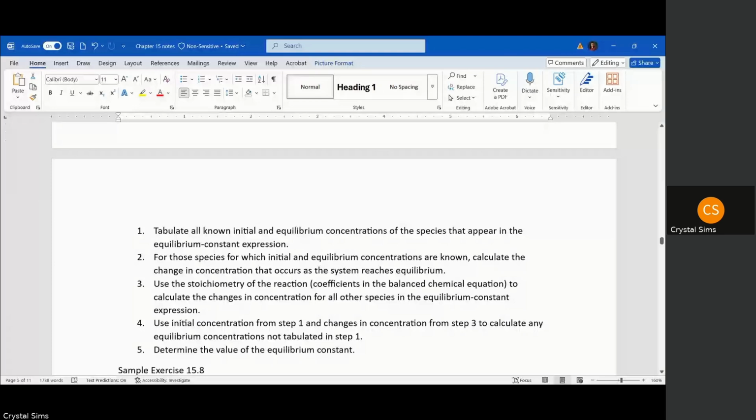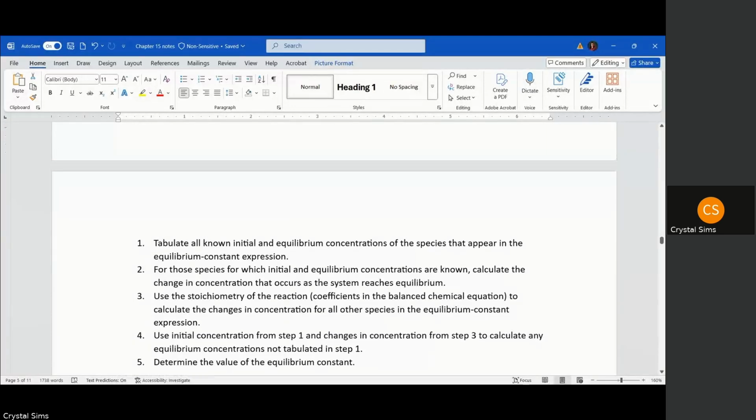So let's look at how we would do that. First thing is to tabulate all of the known initial and equilibrium concentrations that appear in the expression. So first things first, we're going to look at, okay, what do we know?